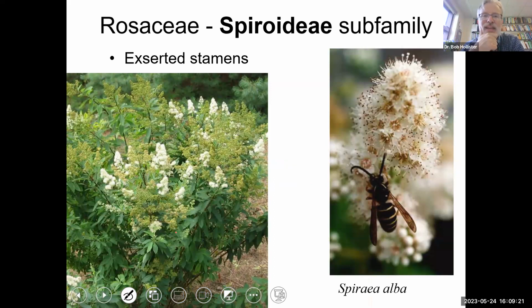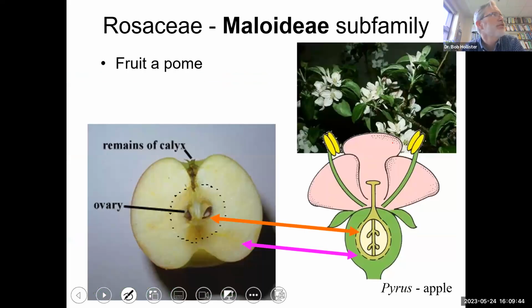The Spiraeoideae, these have huge stamen. So they're serrate leaves. These flowers are pretty, but they've got these stamen that are like twice the size of the petals. So if you see really long stamen, lots and lots of stamen that are really long, probably Spirea. Then there's the pomes.